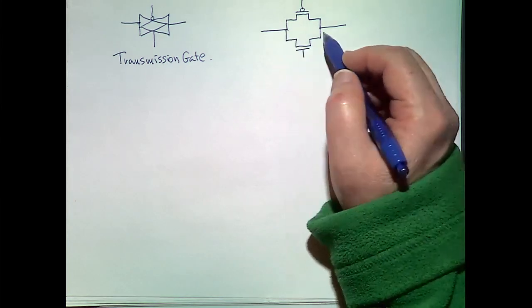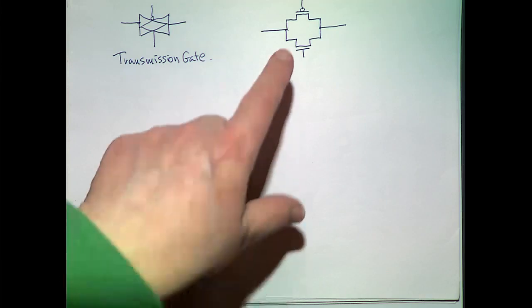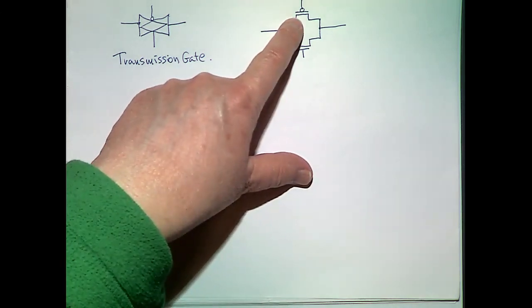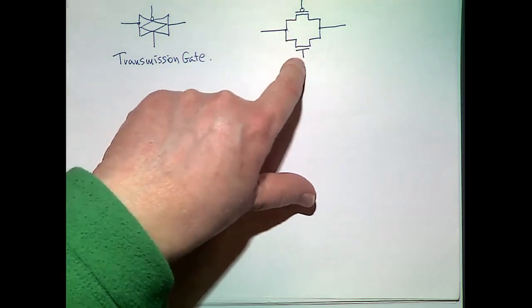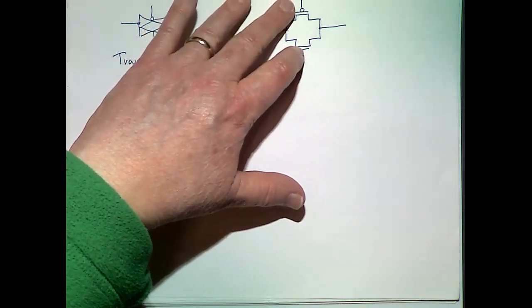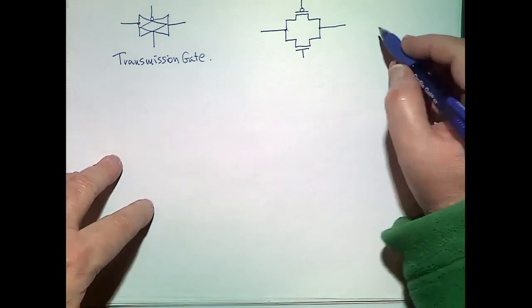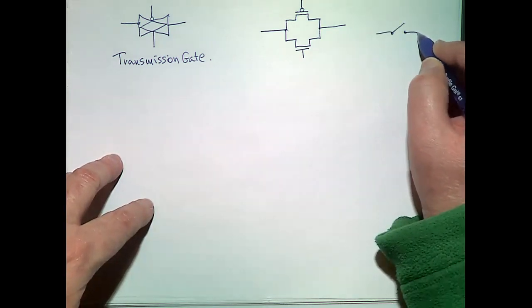Now we just took these 2 transistors and put them in parallel to each other. Now, a PMOS transistor conducts 1 well, and an NMOS transistor conducts 0 well. So if they're both on, you can conduct either 0 or 1. We can use this to pull up or we can use it to pull down. One of the 2 will do the job. And so you can think of this as a switch.